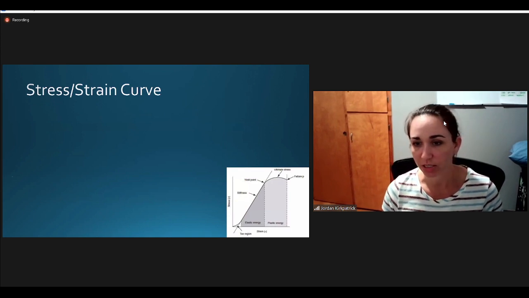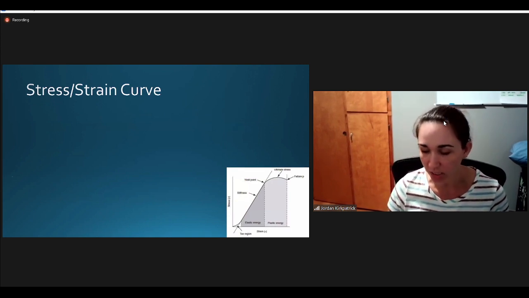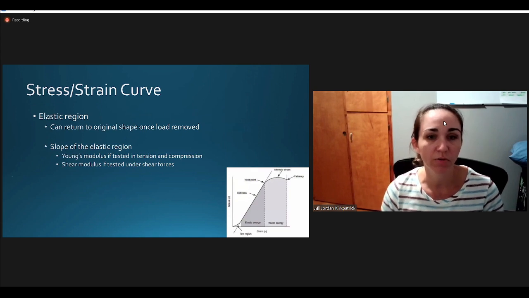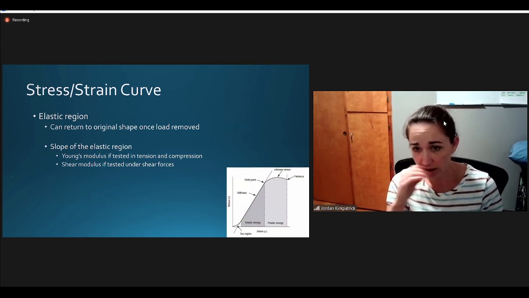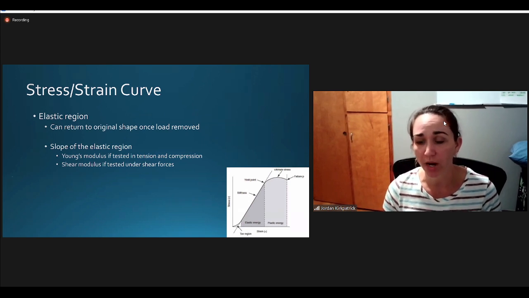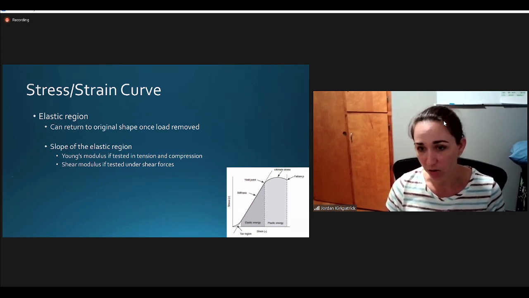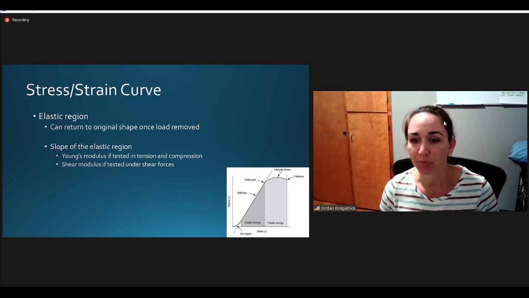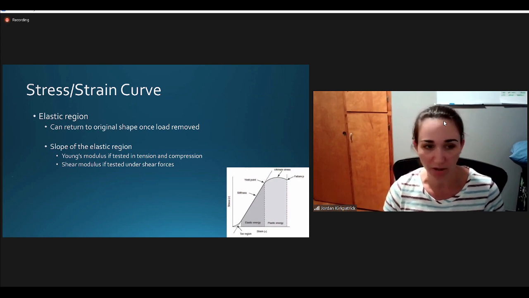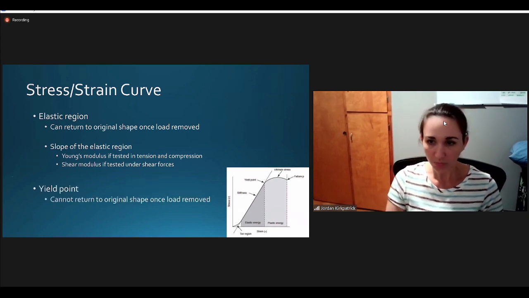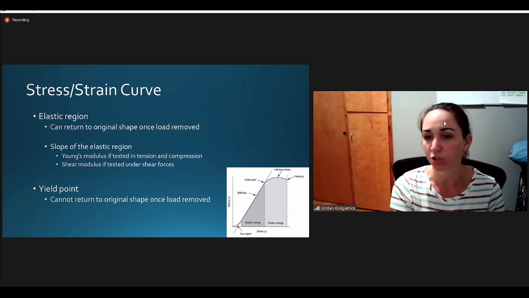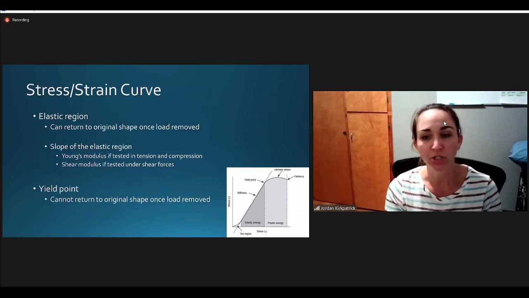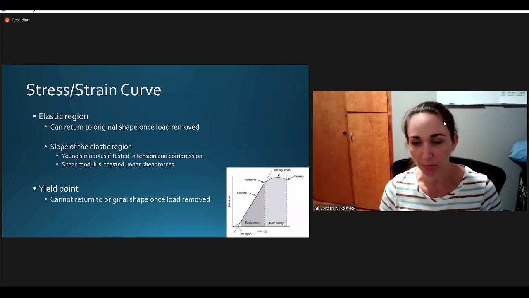And so this is the stress strain curve. It looks very similar to the other curve, and it has an elastic and plastic region. And this is all basically where the bone is going to fail and then eventually fracture based on the stresses that are applied to it. And again, on both curves, at the yield point, the bone can't return to its original shape once the load is removed, which doesn't necessarily mean something bad.